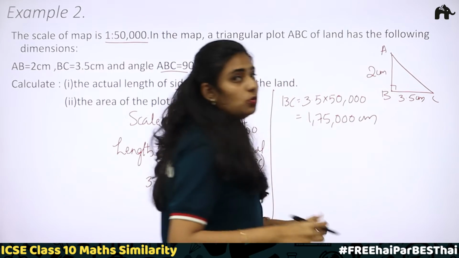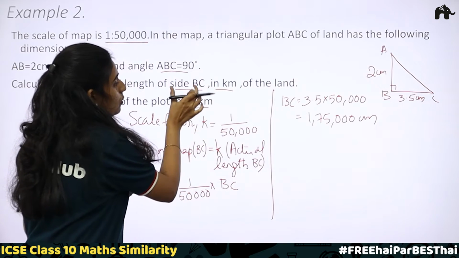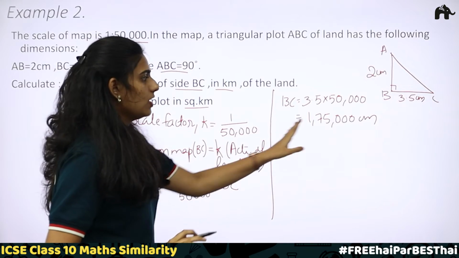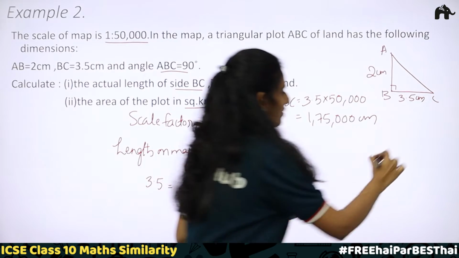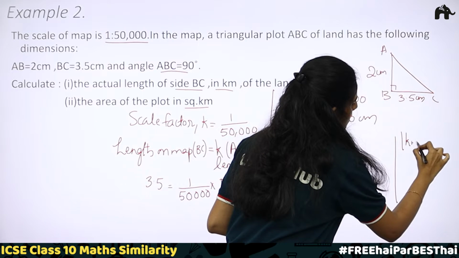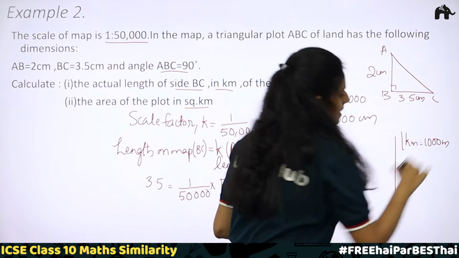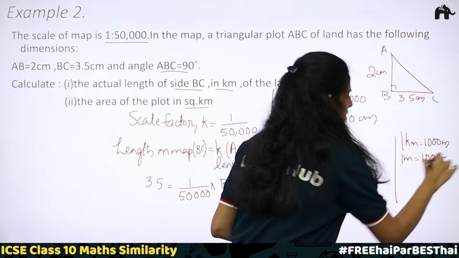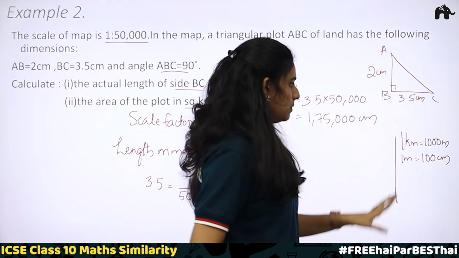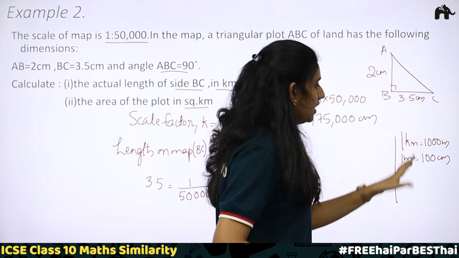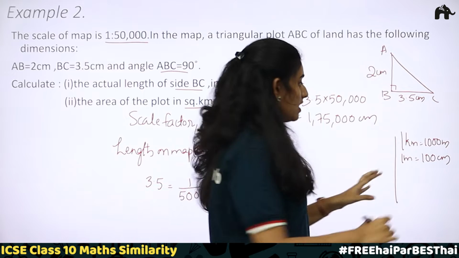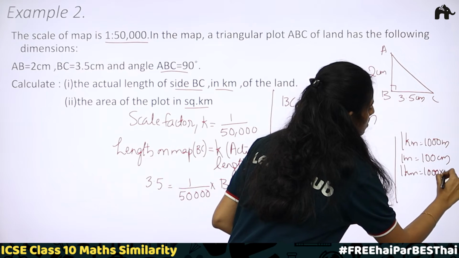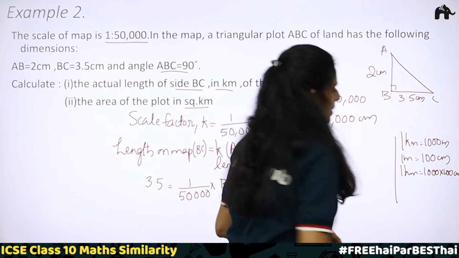We have to convert it into kilometers because in the question it is mentioned to find the actual length of side BC in kilometers. How to convert to kilometers? We have 1 kilometer is equal to 1000 meters and 1 meter is equal to 100 centimeters. So 1000 meters will be equal to 1000 into 100 centimeters.